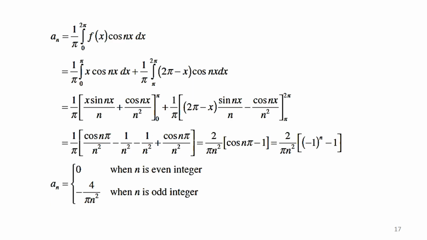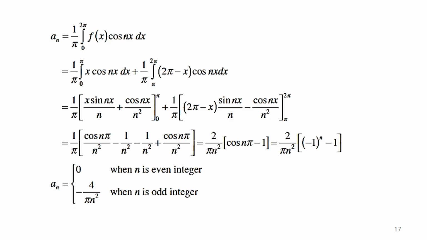Now you will get the final answer as 2 by pi n square, cos n pi minus 1. Okay, so cos n pi is nothing but minus 1 power n. Wherever you find cos n pi, you can easily substitute the value minus 1 power n in place of cos n pi. So 2 by pi n square, minus 1 power n minus 1.